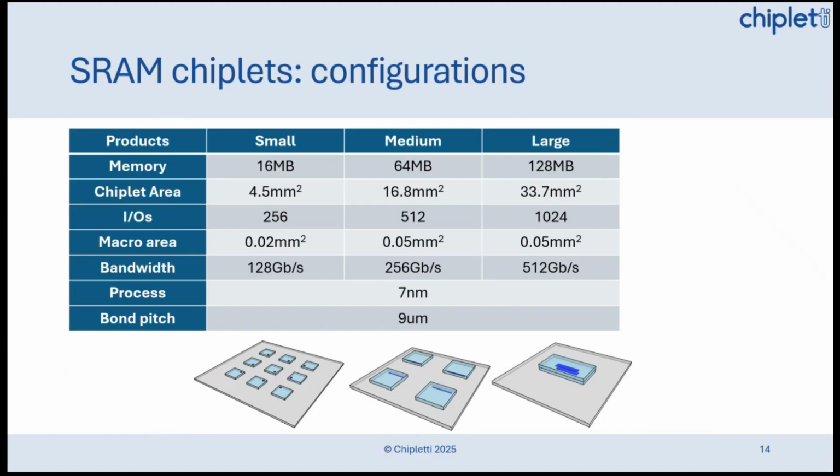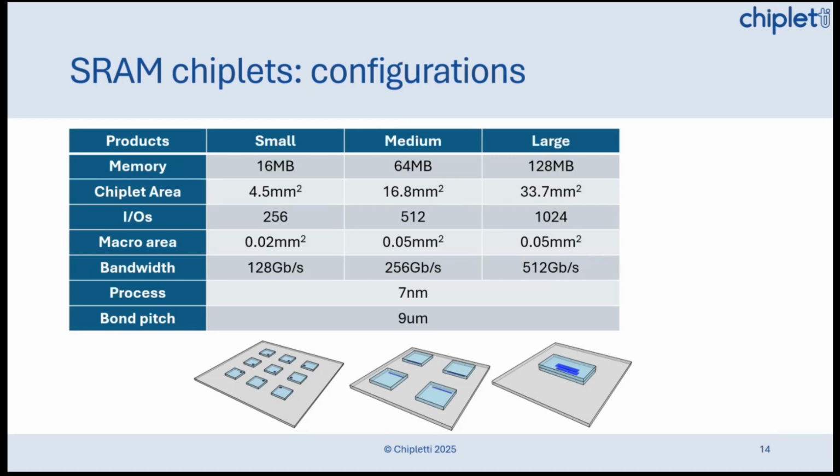So, final slide, which is 3 examples of SRAM memory chiplets: 16 MB, 64 MB, 128 MB. It shows how big the size of the chip is. For example, a 16 MB chiplet made in a 7 nanometer process is about 5 millimeter square, rounded.